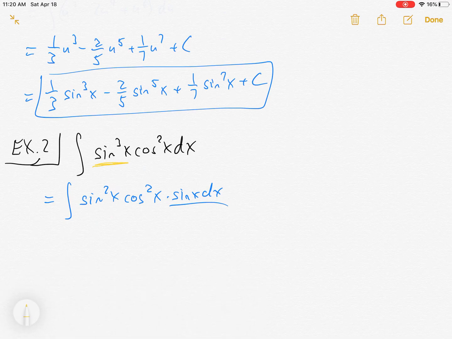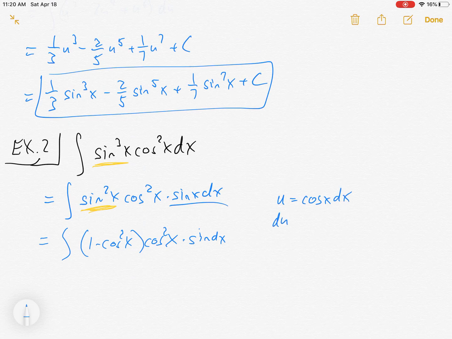You want to pluck out a sine x this time. Because sine originally was odd, right? So we pluck out a sine, and the remaining portion's even. I can change that to 1 minus cosine squared x. And I think we're good to go.